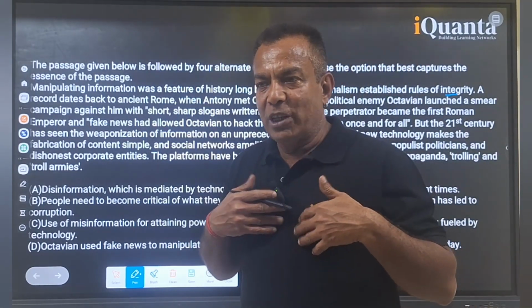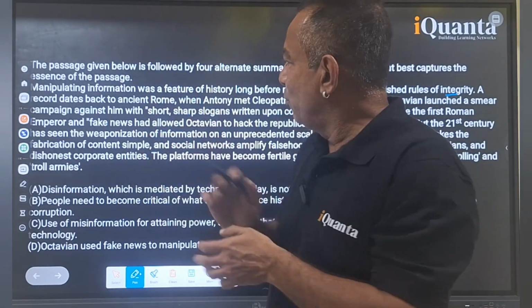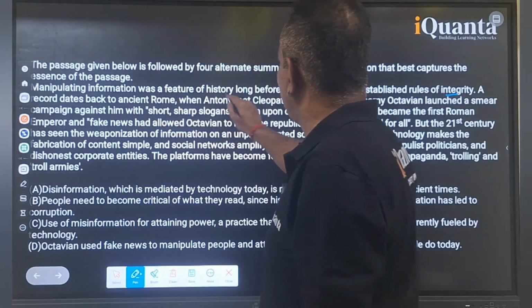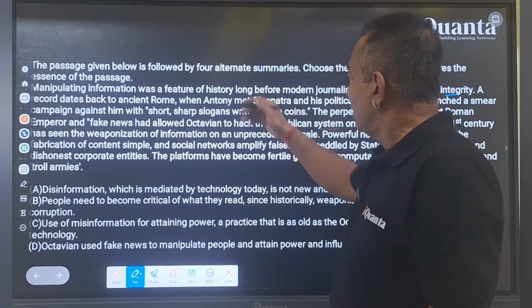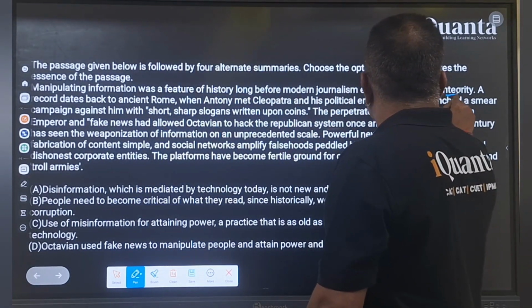If I manipulate as per my wish, the way I want to, then that is called manipulating information. So manipulating information was a feature of history. That means it has been going on for a long time before modern journalism established rules of integrity.